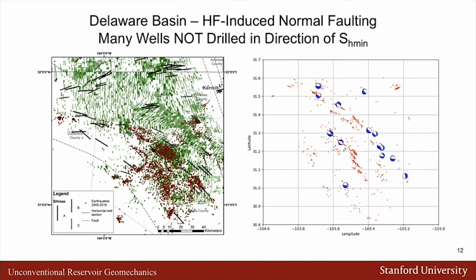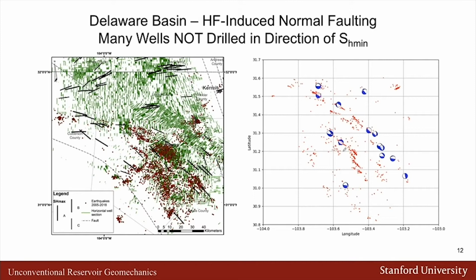Now, as we think about this issue, we can think about other areas that have been developed extensively. The map on the left shows the portion of the Delaware Basin in the westernmost part of the Permian Basin in West Texas, and southernmost New Mexico at the top. The black lines indicate the direction of maximum horizontal compression.